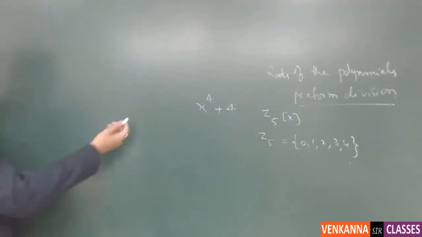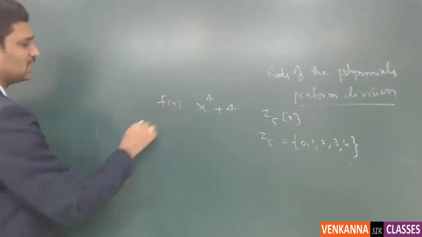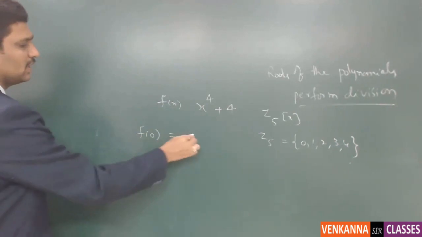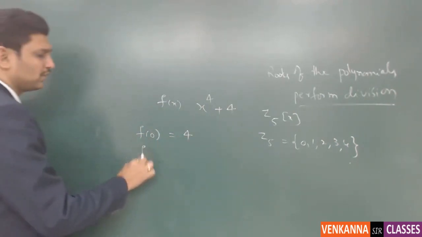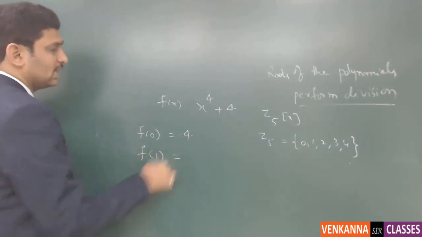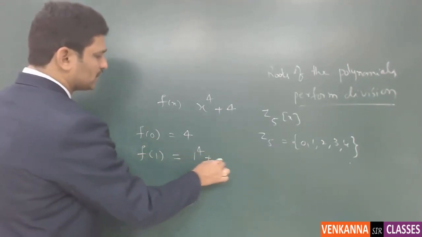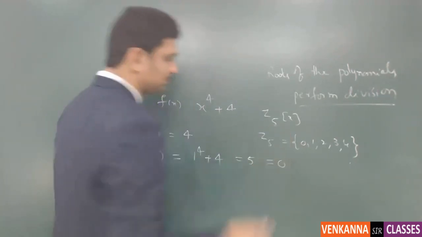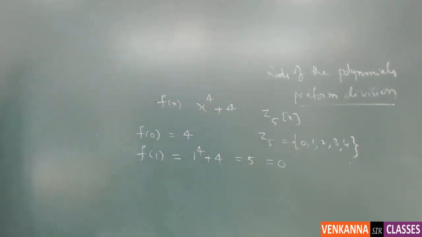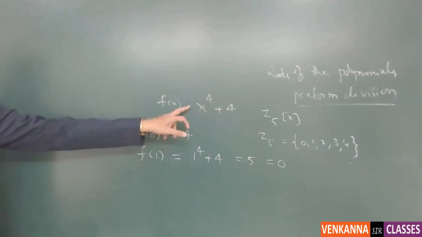Consider this as f of x. Consider f of 0. This is 4, you are not getting 0. If you write f of 1, this is nothing but 1 power 4 plus 4 equal to 5, and this is equal to 0. In other words, 1 is a root of this polynomial.